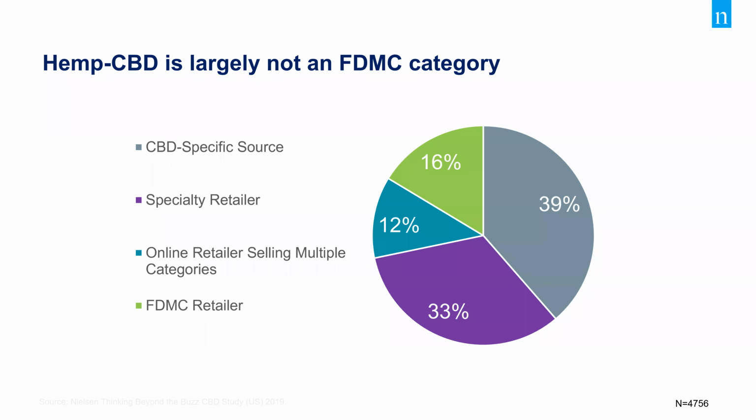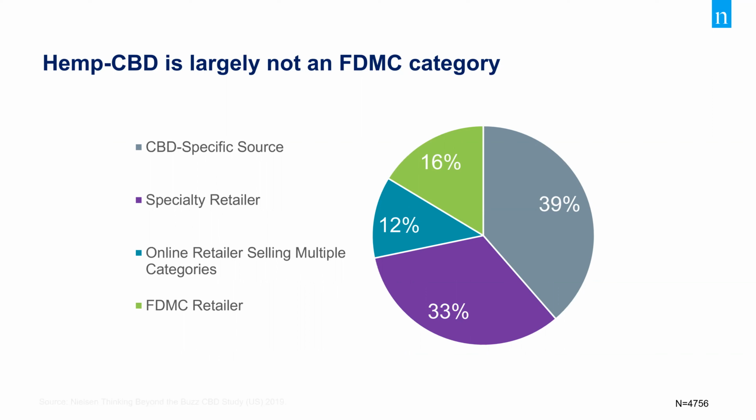But what we've seen at Nielsen is that right now, hemp CBD really isn't moving through a lot of the major retailers that Nielsen's tracking sales for. So those are predominantly those major food, drug, mass merchandisers and convenience store retailers that we're talking about here. Right now, they're representing only about 16% of all the purchases that people have told us that they've been making within the hemp CBD category.